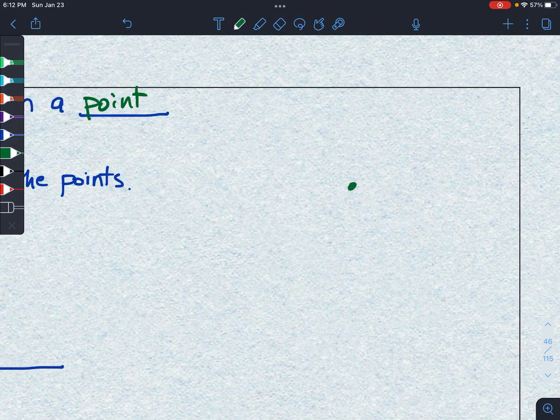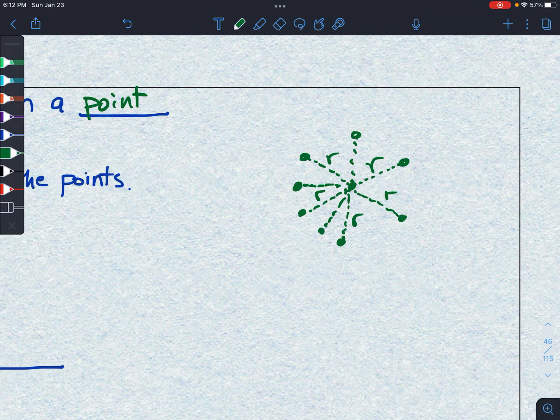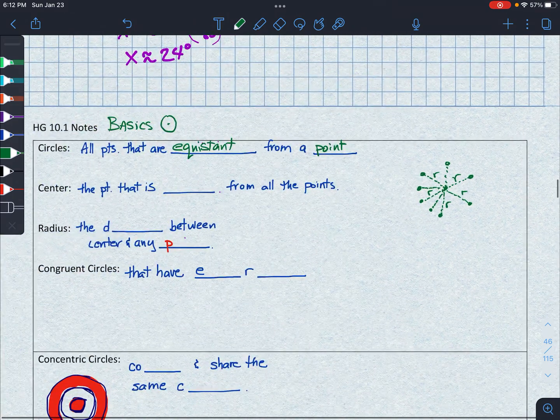So if you find a point, and then you go out, say a distance, call that x, or let's call it r for radius, and then I go out that same distance, r, and then I go out that same distance, r, I will eventually find a collection of points that form a circle. Okay? So that is how we define a circle.